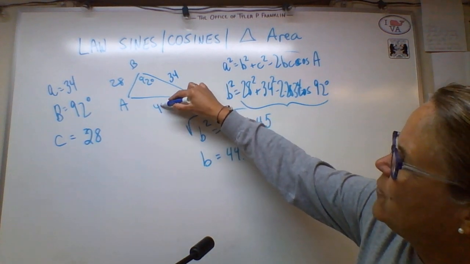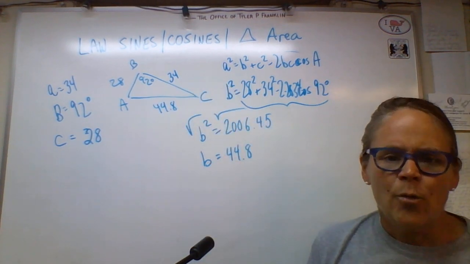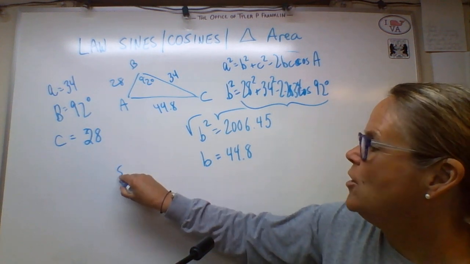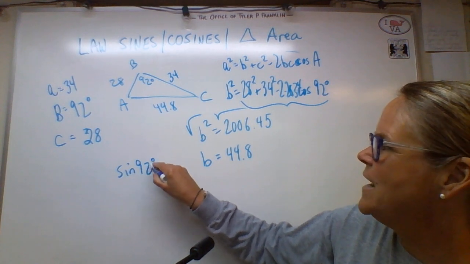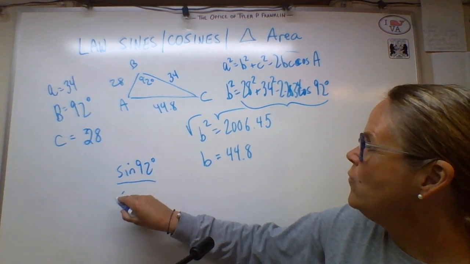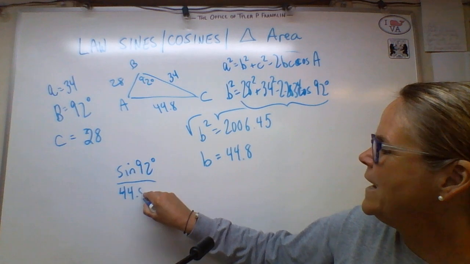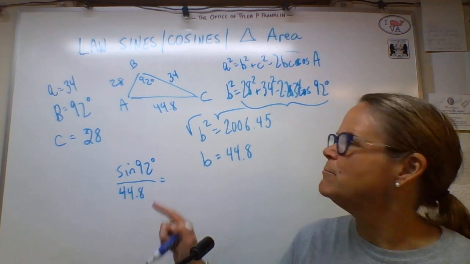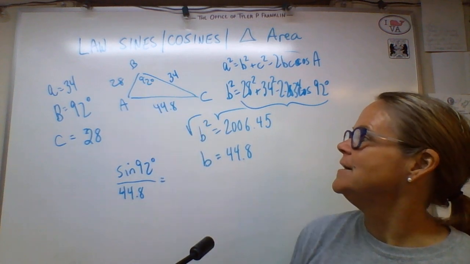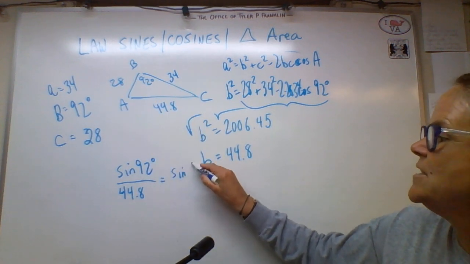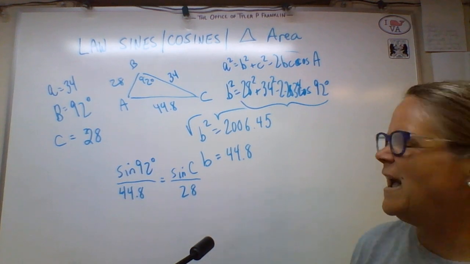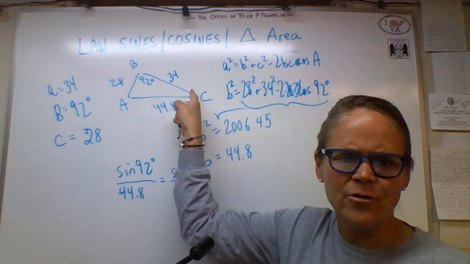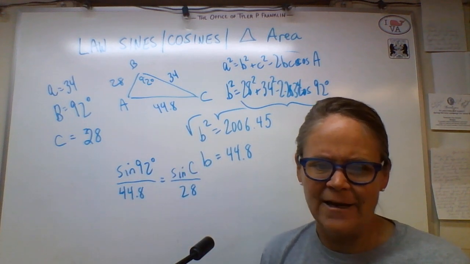So now that's 44.8. What are you going to use after you find that? Law of sines. You're going to have the sine of 92 over 44.8. Pick the smaller side. So the smaller side is going to be sine of C over 28. Solve for angle C. Add those two up, subtract from 180.